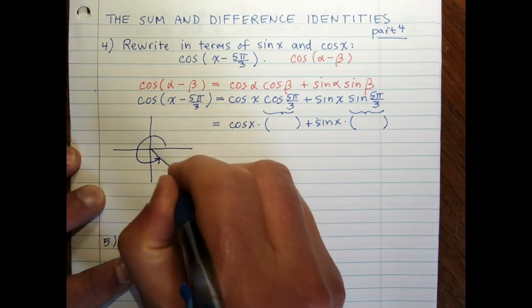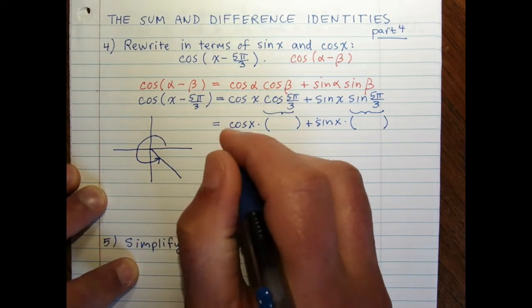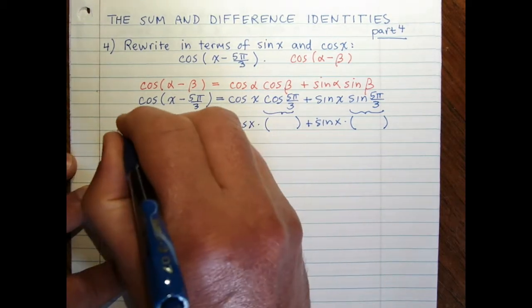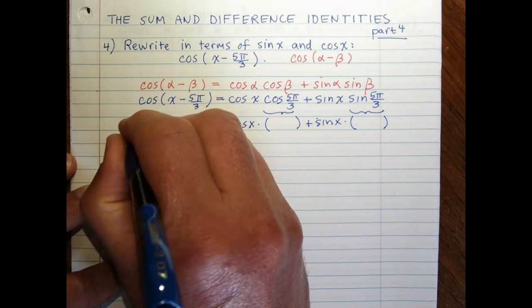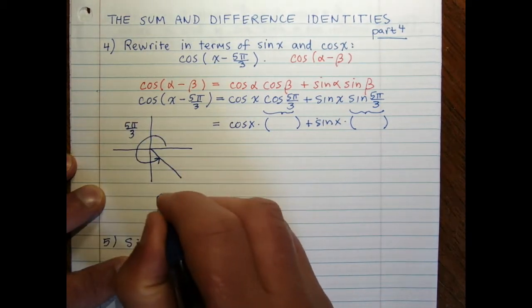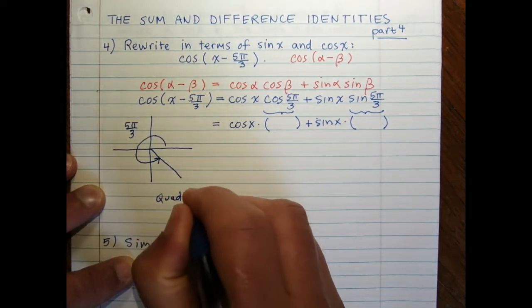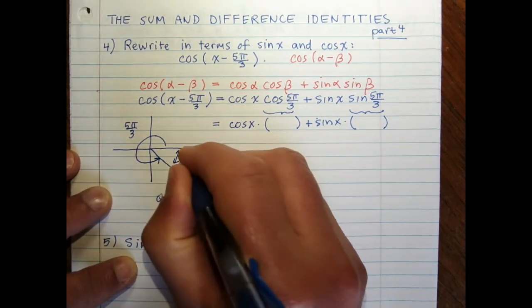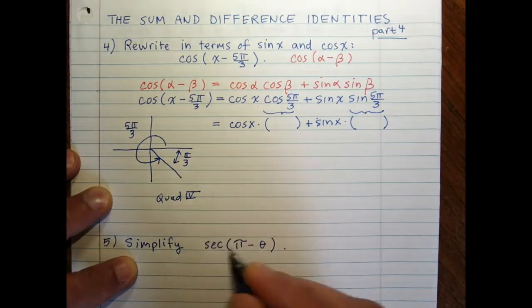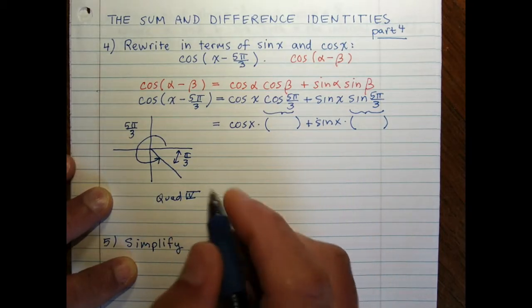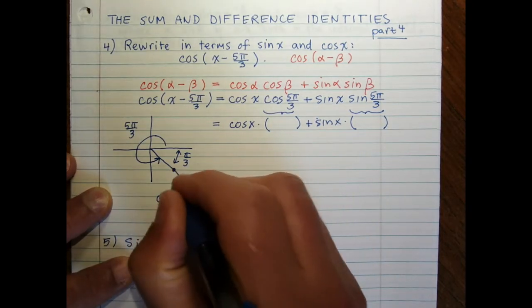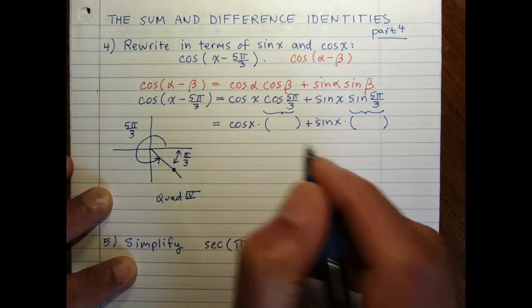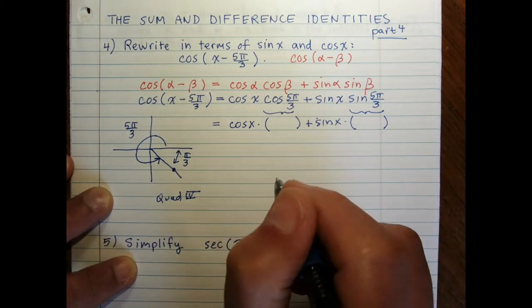It's actually going to have its terminal side in quadrant 4. Its reference angle is pi over 3, or 60 degrees. And so that means its sine and cosine are related to the sine and cosine of pi over 3, right?